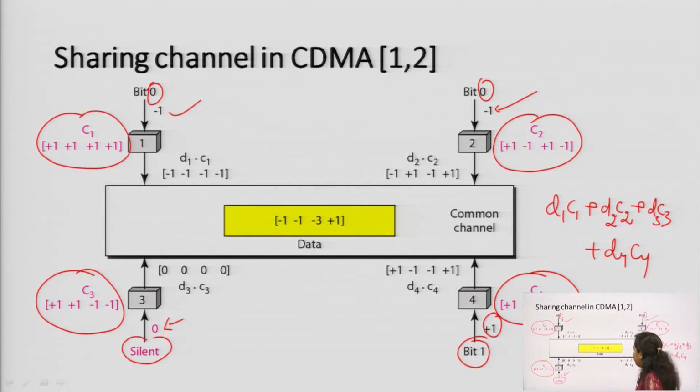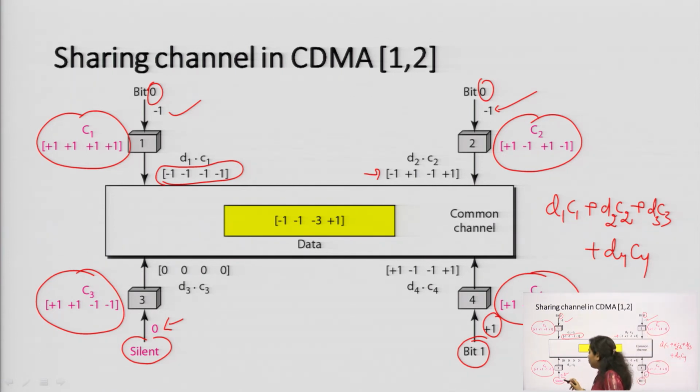Now, let us multiply each one. When -1 is multiplied by all the positive ones, the sign will change. This is very simple multiplication, only the sign will change. So, the plus signs will become -1, -1 and -1. Then for the second user, when -1 is multiplied by plus, the sign will again change.